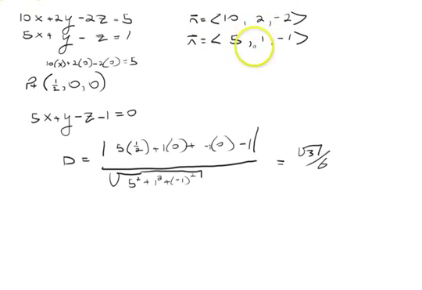And we can see that, yes, the first normal vector that we got off the first plane is actually just scaled by 2. So these two normal vectors point in the same direction, which means that the planes are parallel to each other. So as long as the planes are parallel to each other, we can find the distance between them by selecting any point on either of the planes.